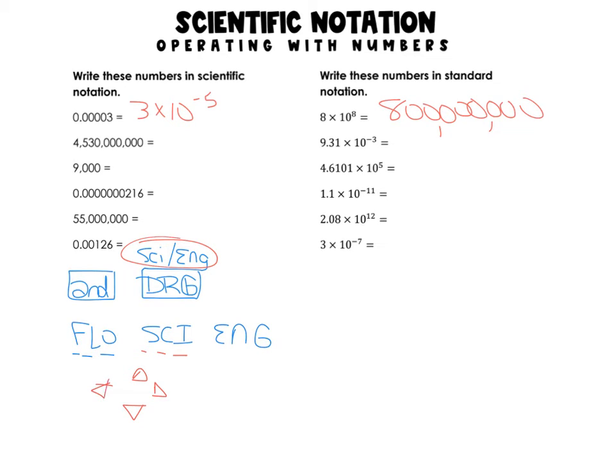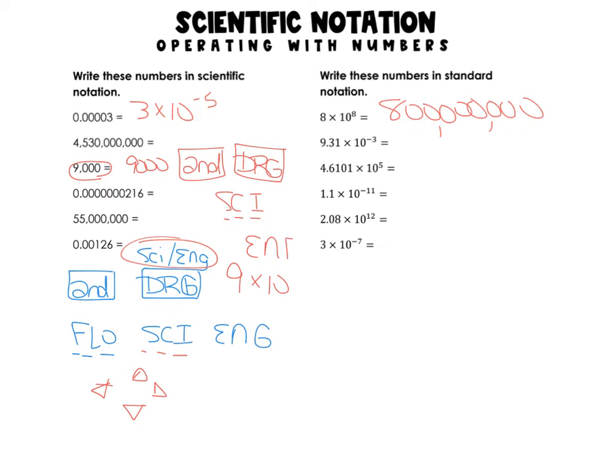Okay, so if you have a normal number like 9,000, you will type in 9,000, you will do second DRG, and then you will arrow over to SCI, and then you will have to hit enter or equals at the bottom, and it should give you 9 times 10 cubed, right?